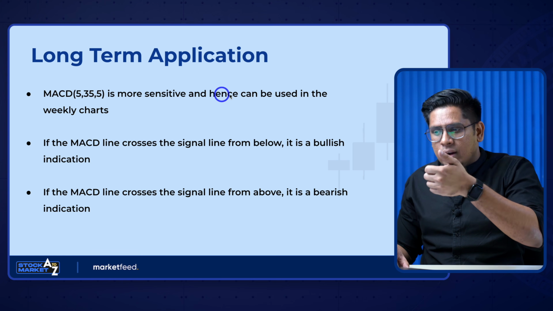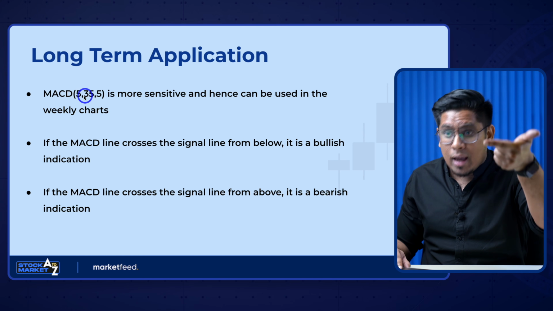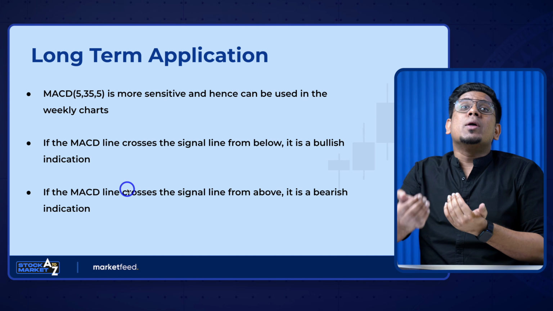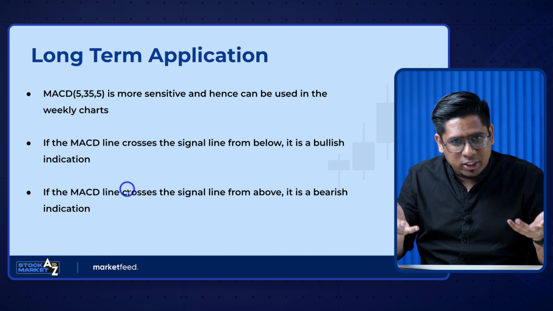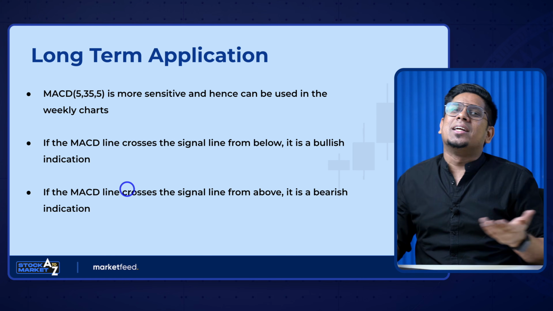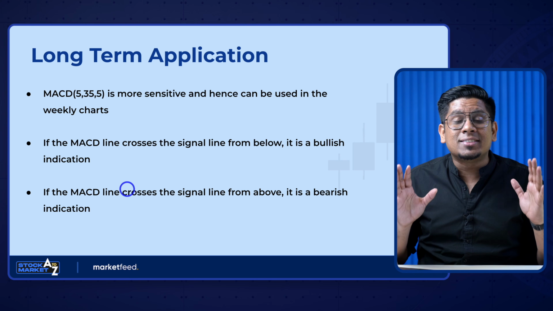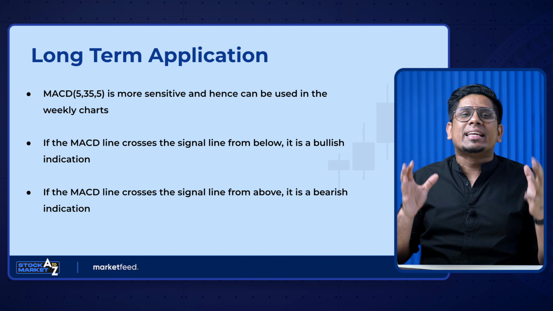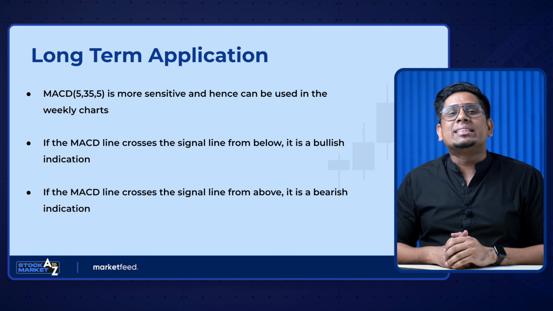After going to the weekly chart and applying this setting of MACD, if the MACD line is crossing over the signal line, it is a bullish indication. If the MACD line is crossing the signal line towards the lower direction, it is a bearish indication. As simple as that.